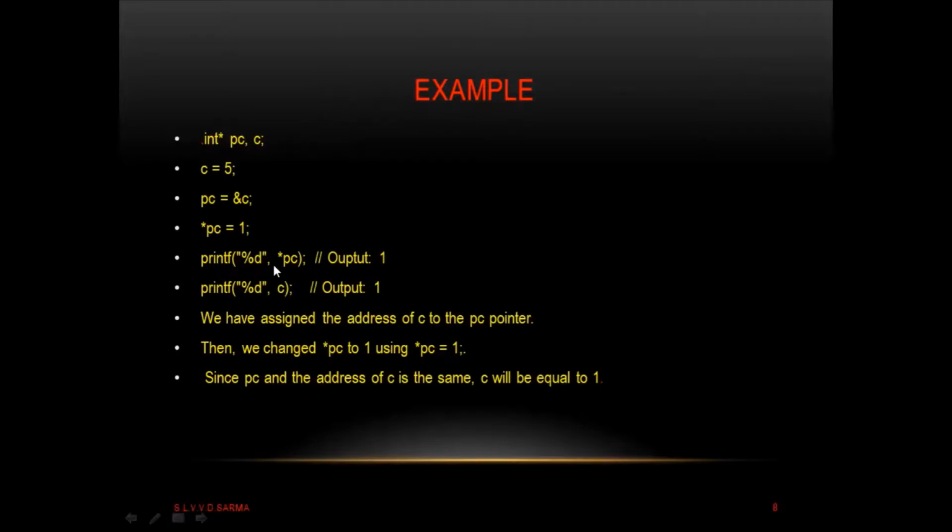Now we print with percentage d comma. By using the indirection operator, we get the C value as 1. Printing the C value directly, we also get 1. Here we indirectly change the C value by using the pointer.